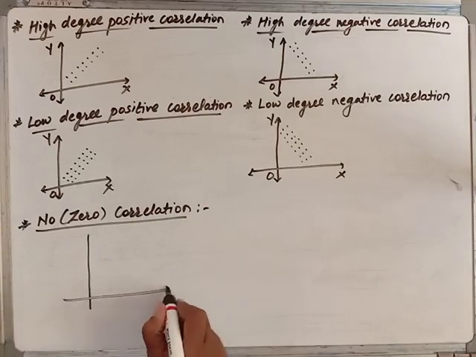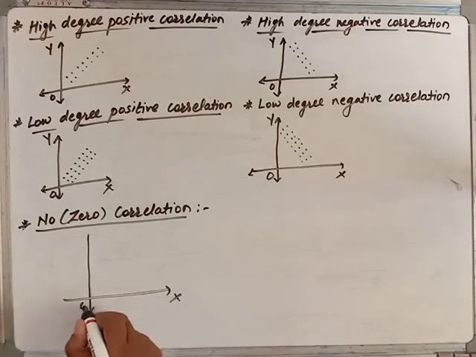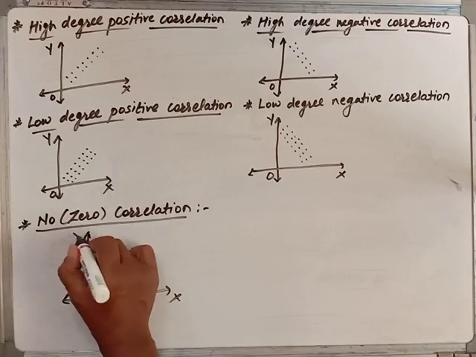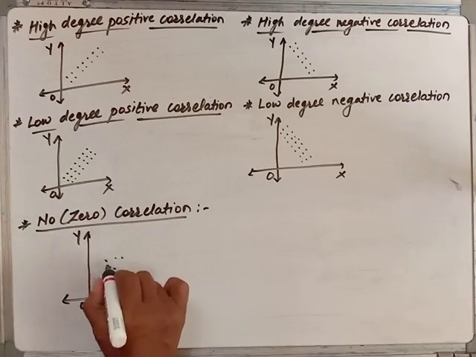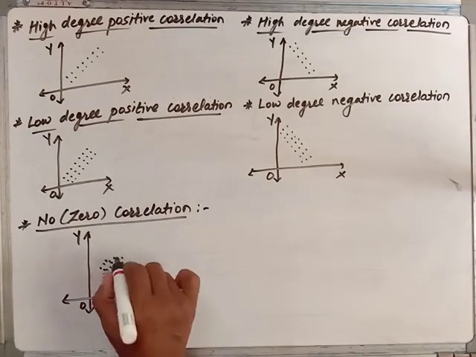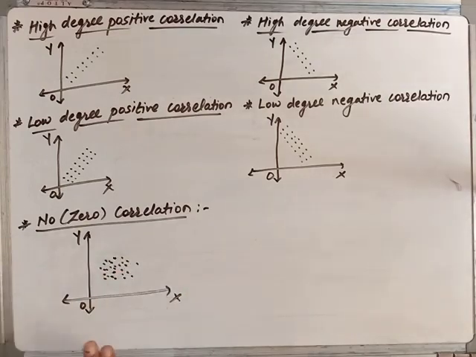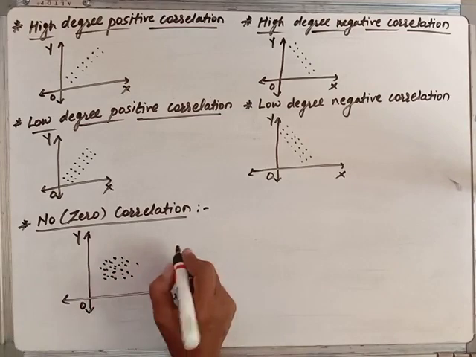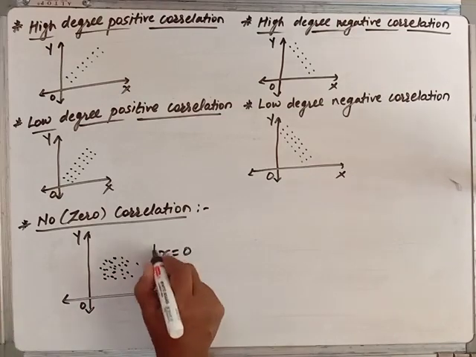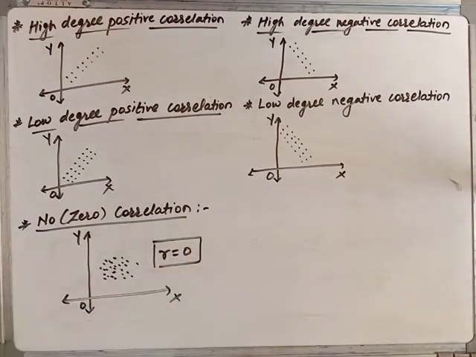Be careful for that. Here it will be simply dotted, neither in any direction, neither increasing nor decreasing. Here r is equal to 0. Remember this.